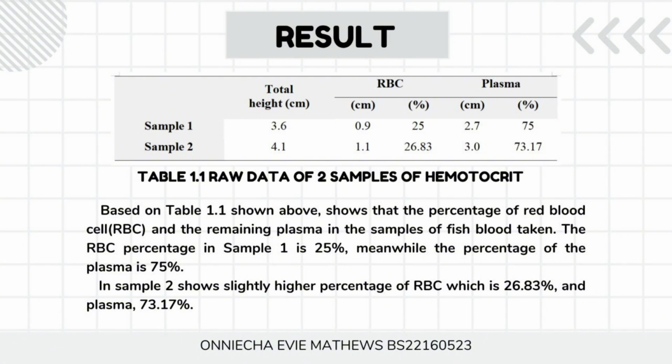The RBC percentage in sample 1 is 25%, while the percentage of plasma is 75%. Sample 2 shows a slightly higher percentage of red blood cells, which is 26.83%, and the plasma is 73.17%.